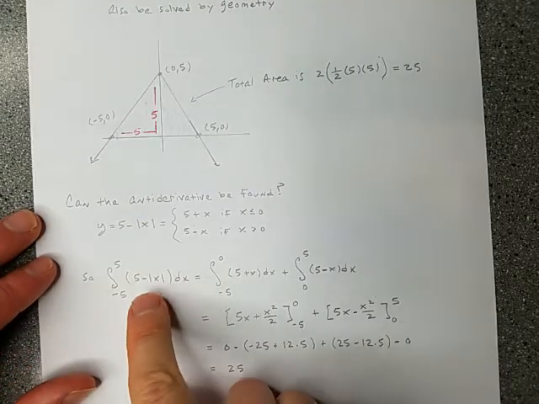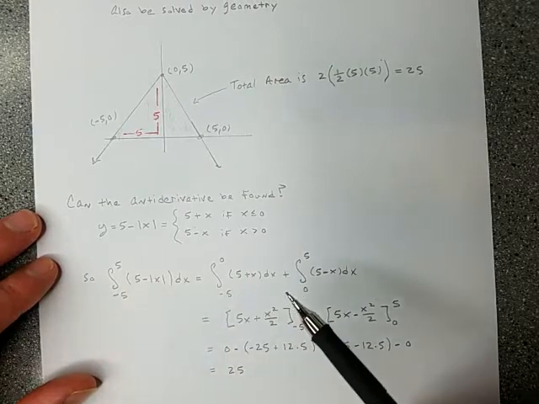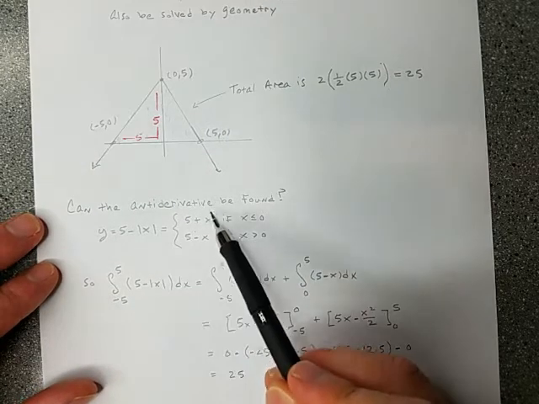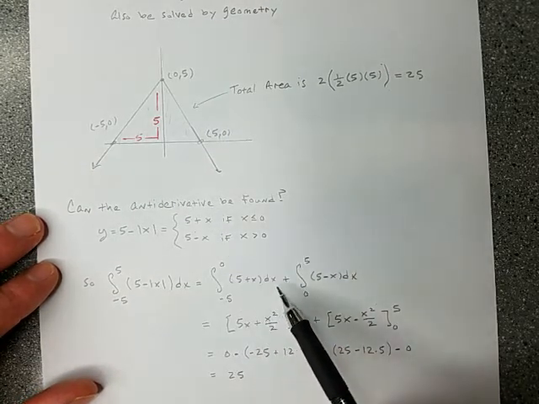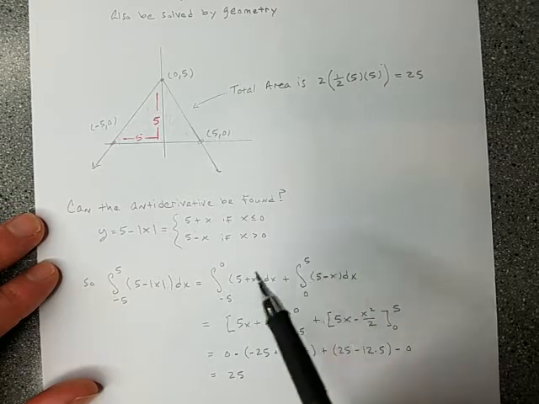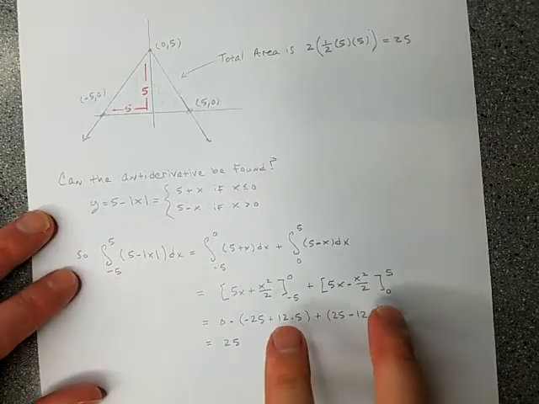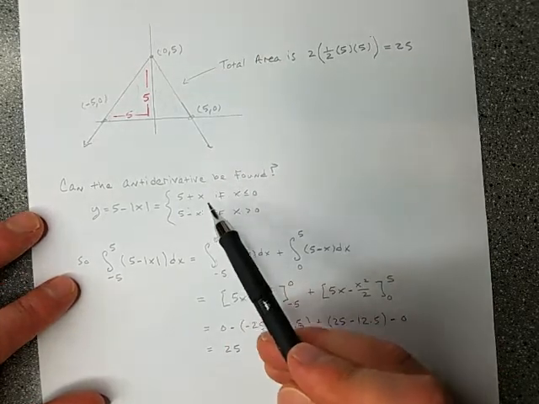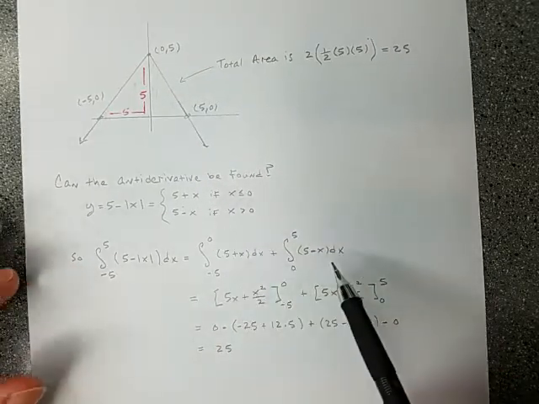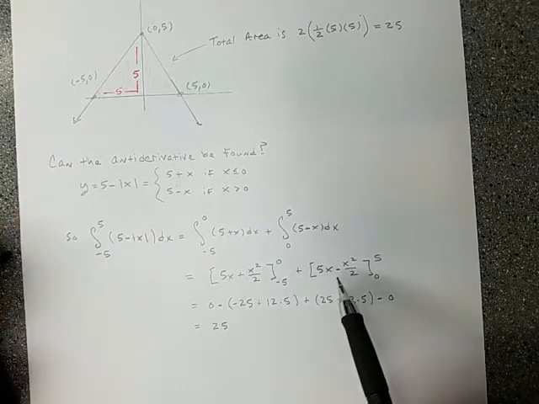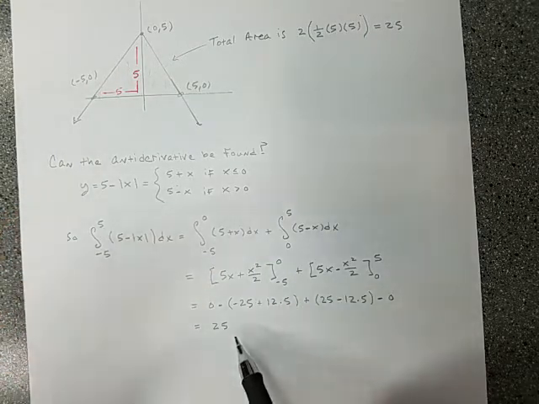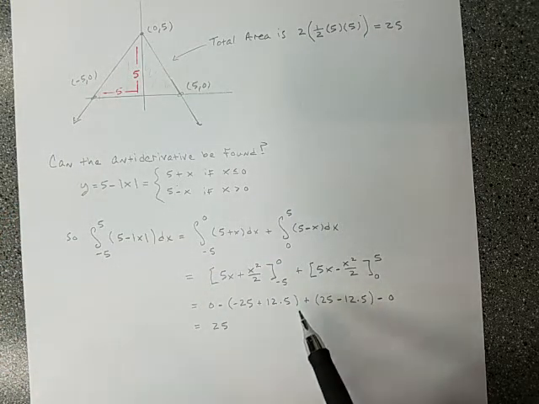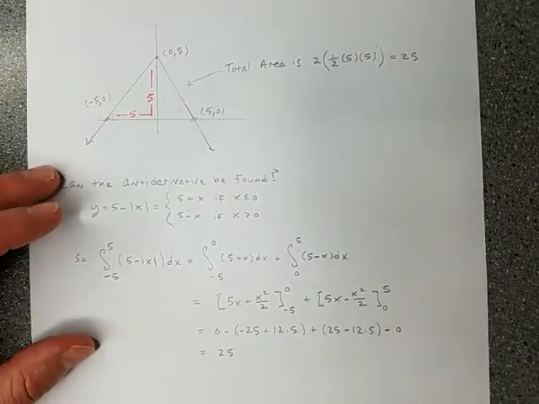So we could break this integral apart into negative 5 to 0 for this one and 0 to 5 for this one, and then work them. Now, making this a piecewise function eliminates the absolute value, so the antiderivative is easy to find in that case. We get 25. We get the same answer, of course. Okay, so you could do it that way too.